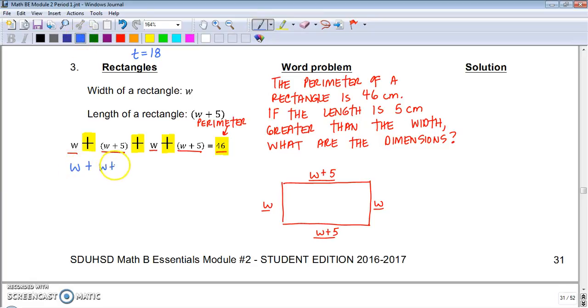So I noticed these parentheses also are pointless because there's nothing to distribute. There's nothing in front of the parentheses. So I've got 1, 2, 3, 4 W's. 5 plus 5 is 10.